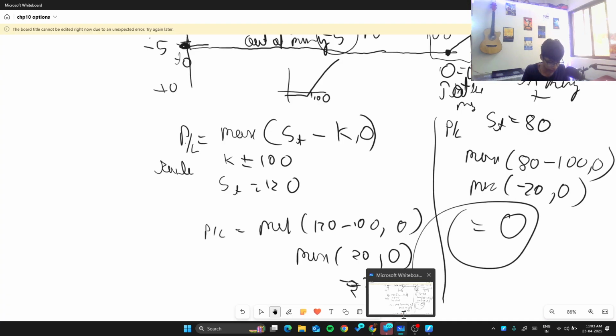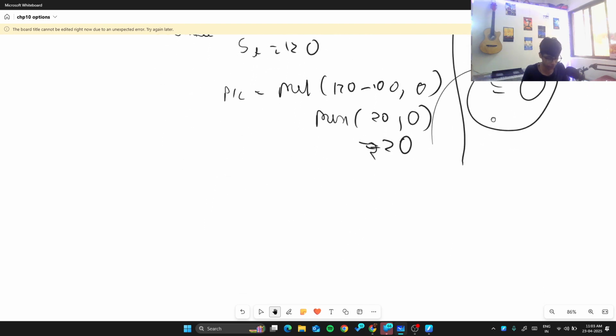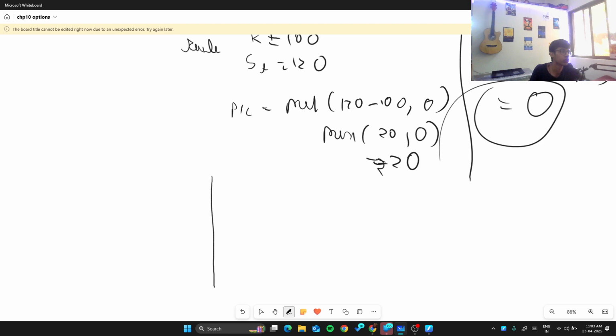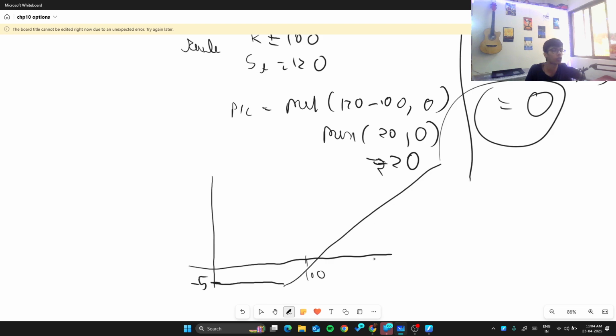Am I forgetting anything? Yes, sometimes there is a charge. How can I apply it? We take our previous example where we paid -5, and our strike price is 100. Let's say if the spot price is 102, technically it should give us a profit of $2, right? But we paid 5 for it, and we have to account for that.